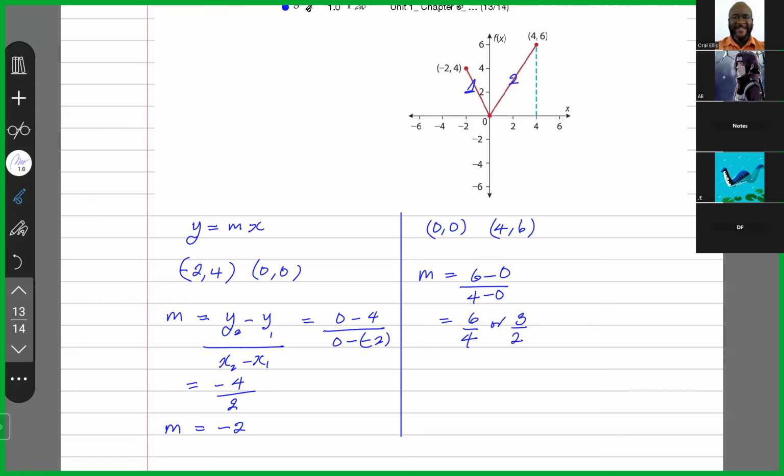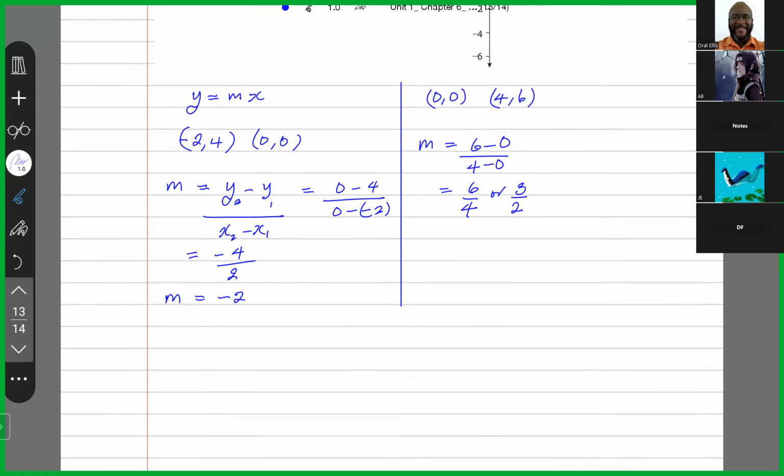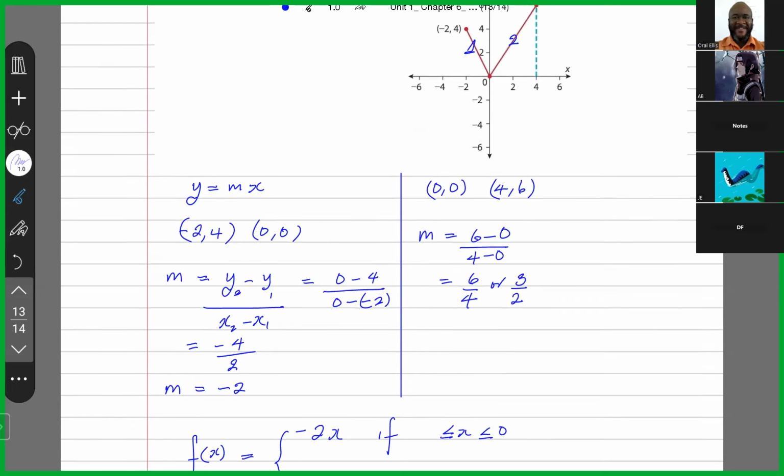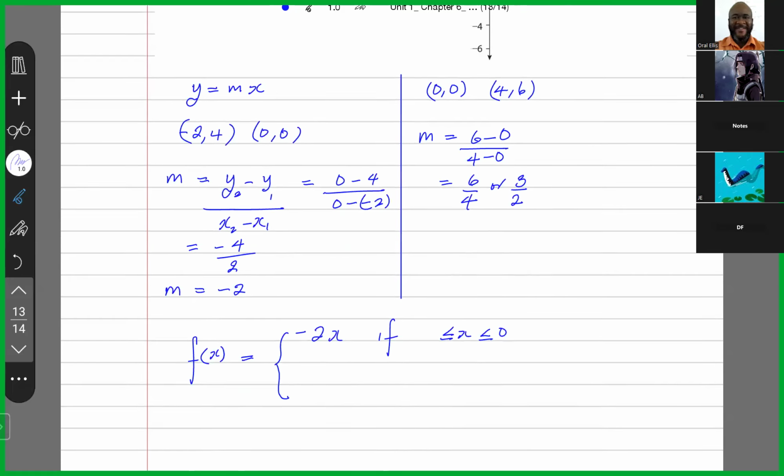All right, so what does this mean? It means, therefore, that f of x is equal to minus 2x if x is what? Less than or equal to 0, but greater than or equal to minus 2.